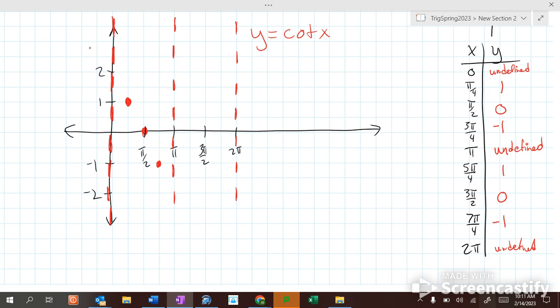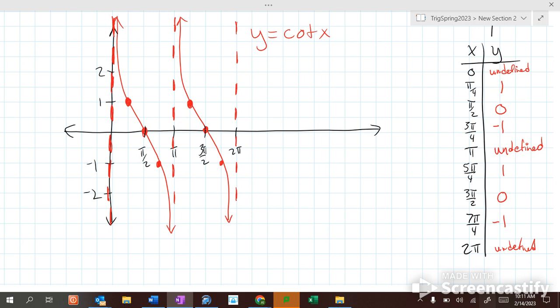Then 5 pi over 4, 1. 3 pi over 2, 0. 7 pi over 4, negative 1. Ta-da! There's cotangent curves. Okay. So that's pretty easy, right?